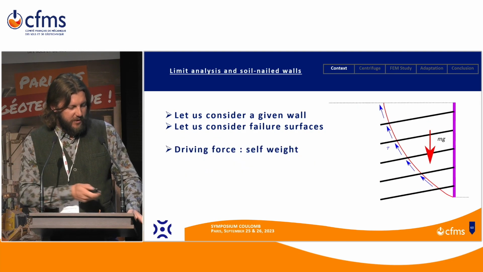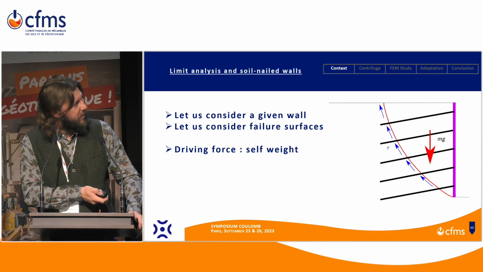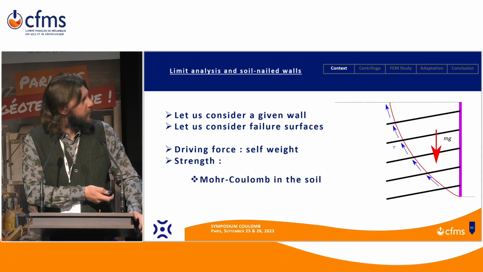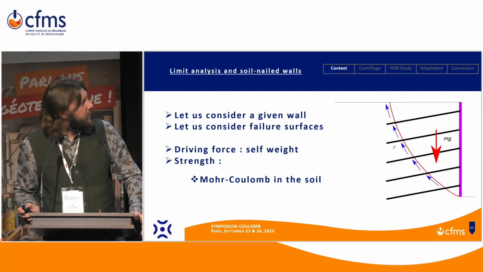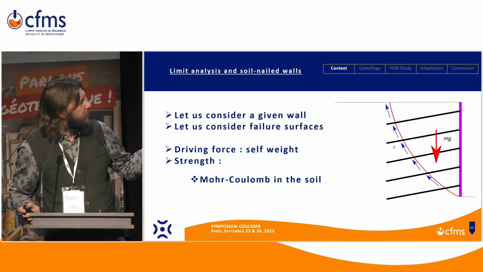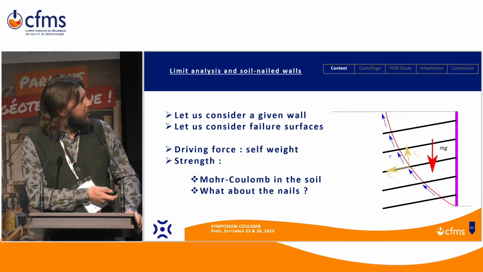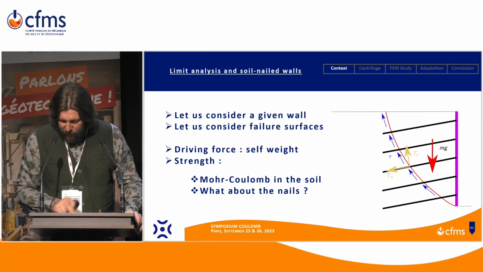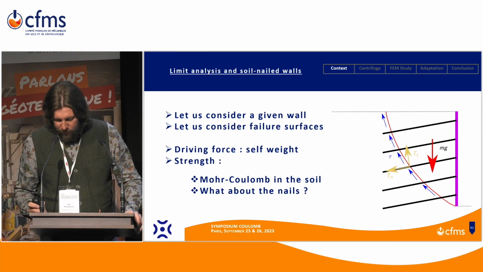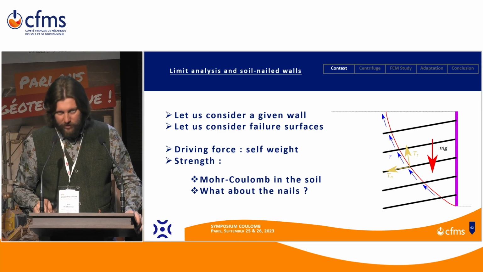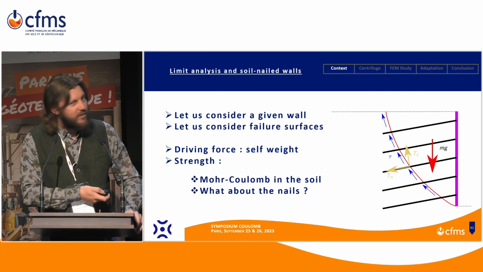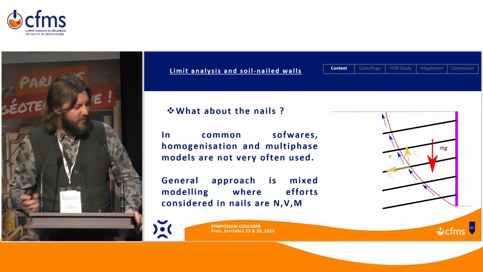So the driving force, as I said, is the self-weight of the failing mass. The strengths come on one side from the soil, and on the other side from the nail. In the soil, it will be the Mohr-Coulomb criterion, and in the nails, it is a big question, as we understood.